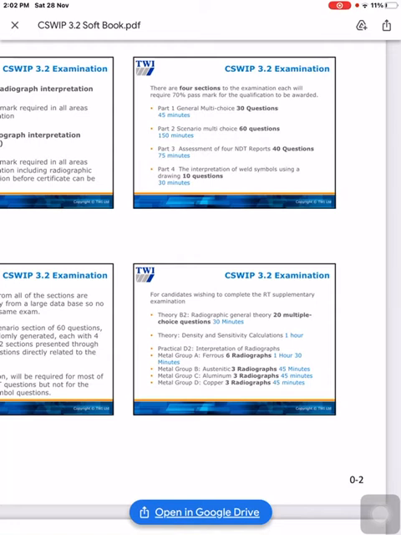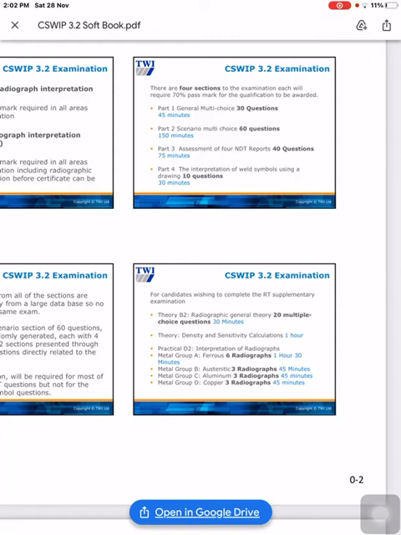Okay, so that is only the RT portion. You need to memorize, but you need to clarify your concepts as well. Next, you need to memorize things from the entity portion of the CSWIP 3.1 book and the CSWIP 3.2 book also, for this portion of your exam.